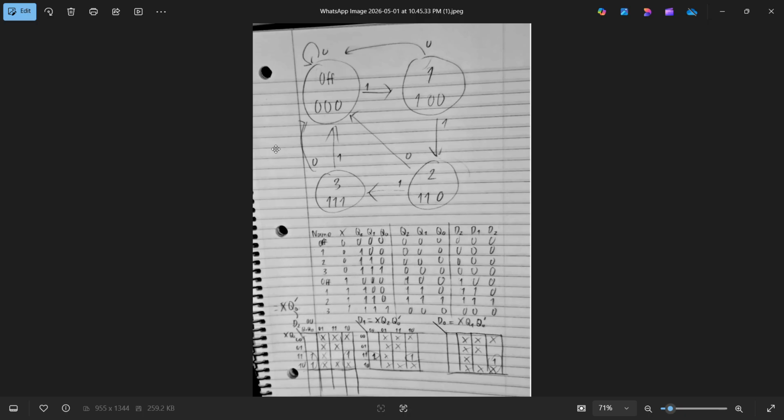Right now the input is off, and when I turn on the clock there is no change, so it's in the 000 state. When I turn the input on, or press the brake, and I change the clock, you can see the sequence we followed: 1, 2, 3, and then all lights turn off.